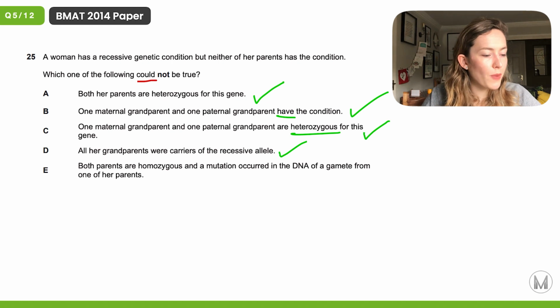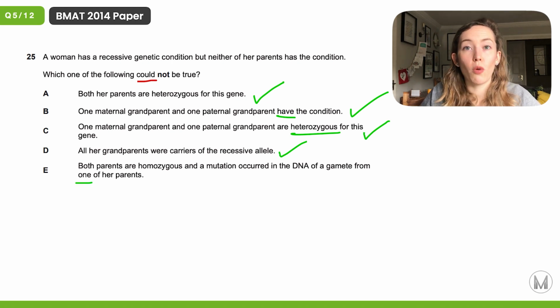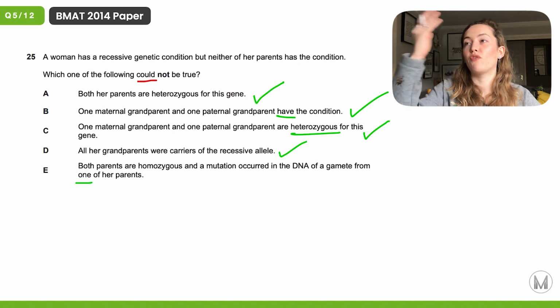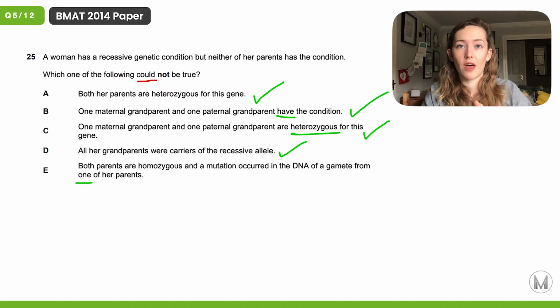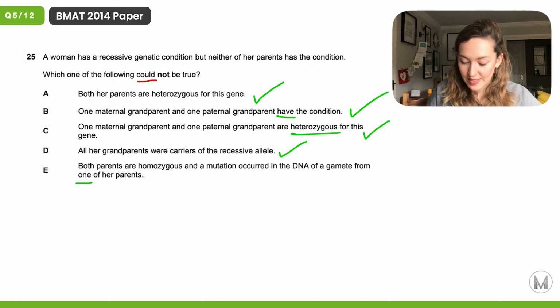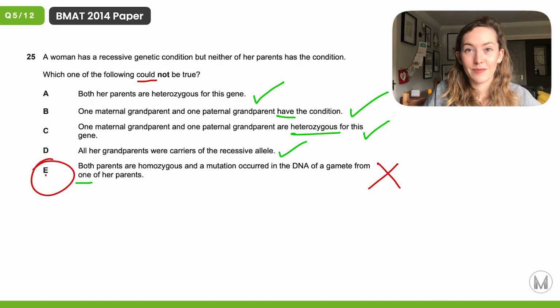And finally, both parents are homozygous and the mutation occurred in the DNA of a gamete from one of her parents. So no, this statement could not be true. We'd have to have one recessive allele from one parent and one from the other to make the person homozygous recessive. We could not have a mutation in just one gamete. So this statement could not be true, and our answer is E.